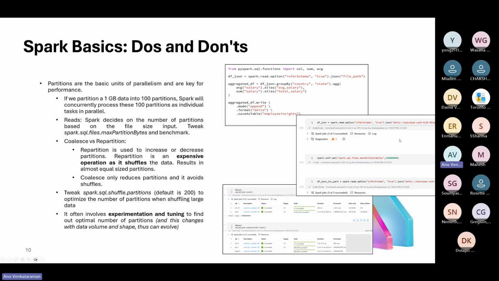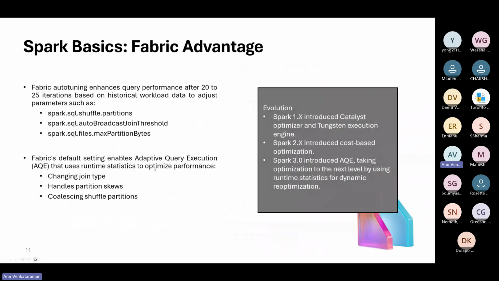But in Fabric, from what I have observed, the cores are not small. Even the starting point is, as I mentioned, 4 executor cores. In the on-prem world, usually it's 1 executor core or 2 executor cores. The discussion is between 1, 2, 3 executor cores.